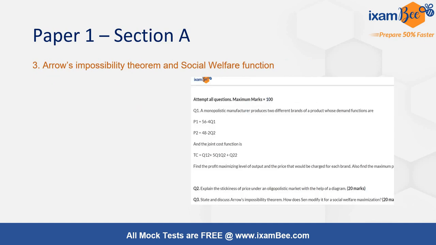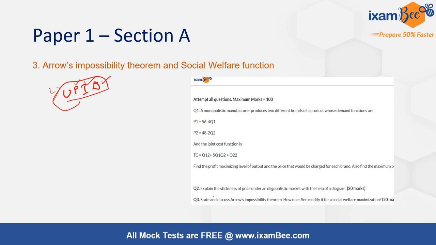Then another question on Arrow's impossibility theorem and social welfare function. For Arrow's impossibility theorem, the main things that are required to be mentioned are UPID, that is unrestricted domain, Pareto optimality, independence of irrelevant alternatives, and non-dictatorship. These 4 axioms are the main important ones, that given transitivity it is impossible to satisfy all these 4 axioms together.